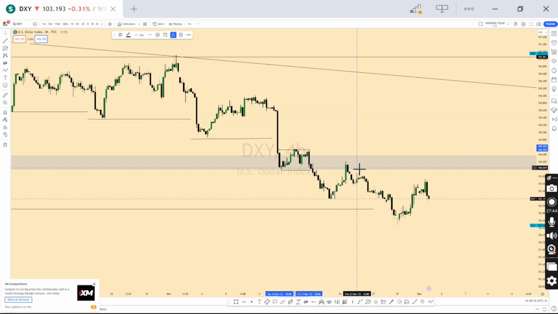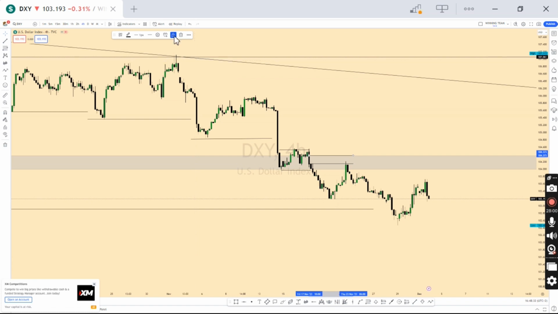Okay, so what I've been telling you, guys, the market will always come back to fill in the gap. So this push from here going back up here was just to fill this gap which was here. We had a nice gap there which needed to be filled, and that's what the market just did.